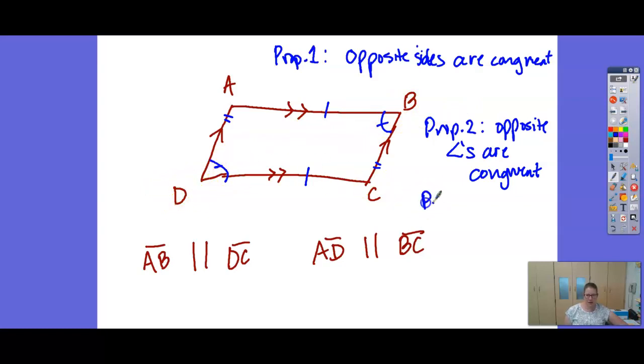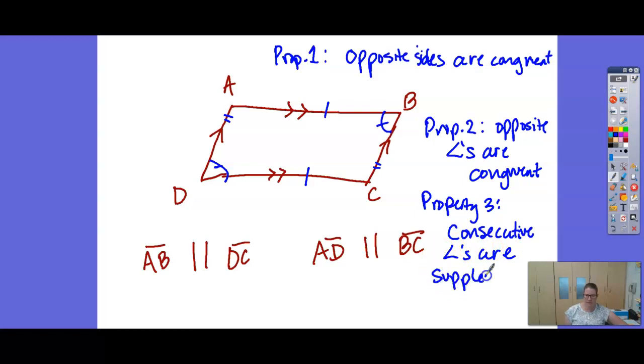And then our third property is that consecutive angles, so consecutive just means right next to each other, so like B and C would be consecutive, C and D would be consecutive. So consecutive angles are supplementary.